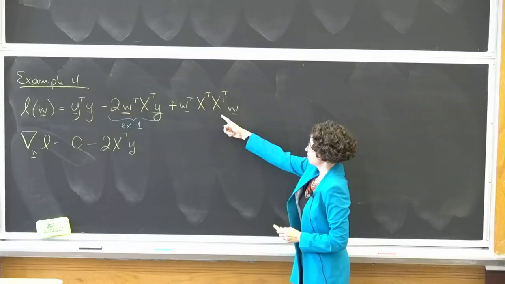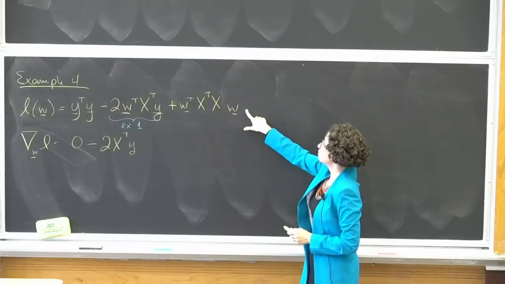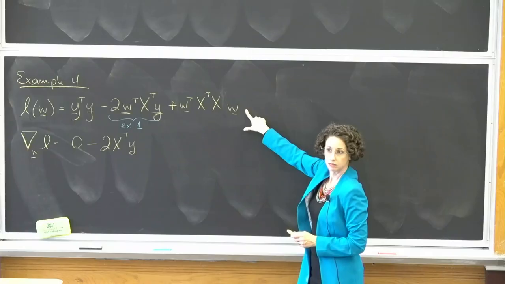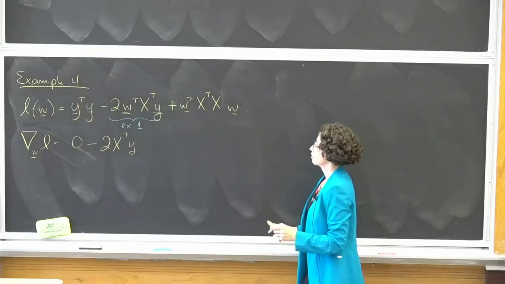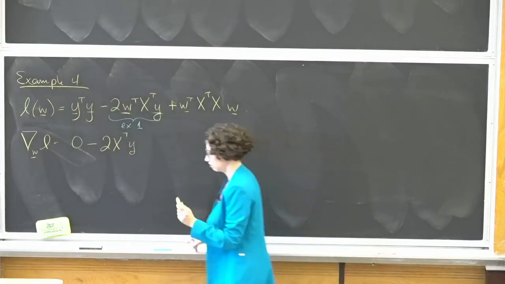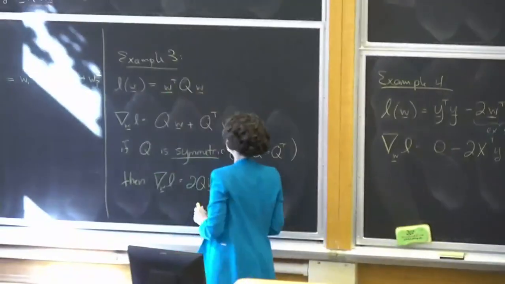And for this expression, what can we use in order to compute this gradient? Yes? We need example 2. Okay, this is my fault for not labeling it, because I think you're thinking exactly along the right lines.